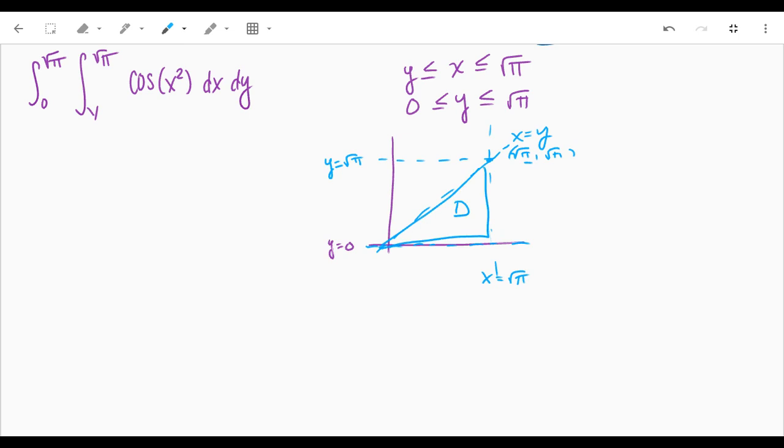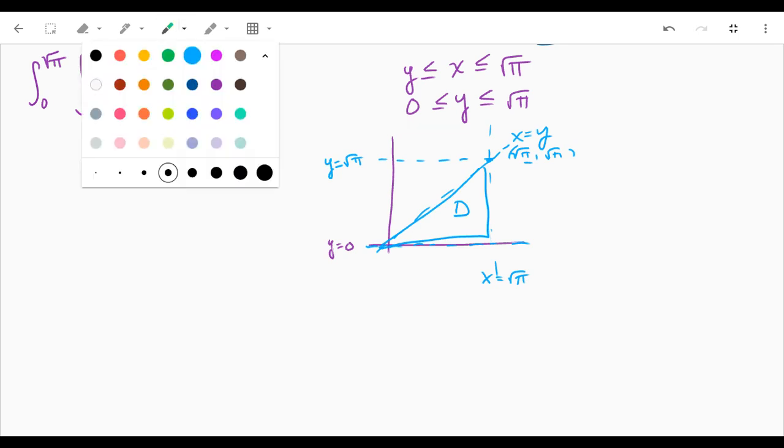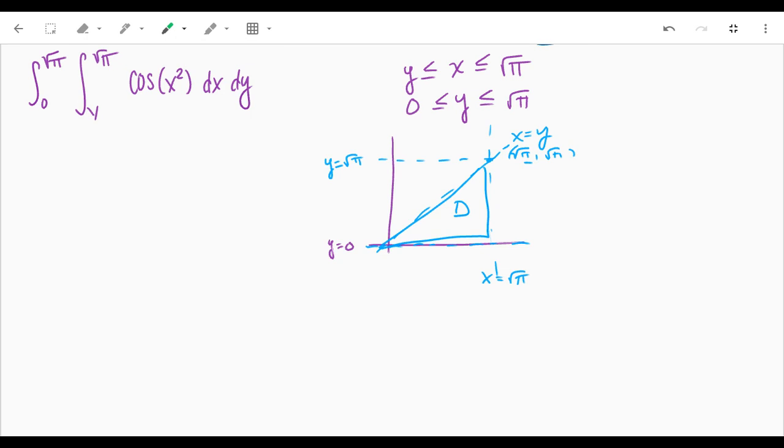So we're hoping then we can switch it, which we can. If we want to switch it around so that x is between 0 and square root of pi, there's your x's, then y is between 0 and the line x equals y, or y equals x.